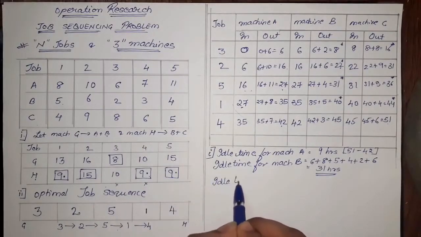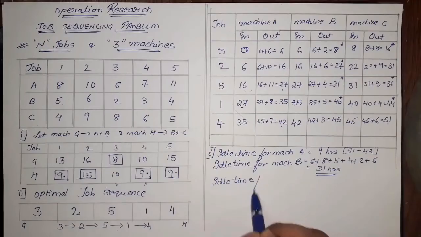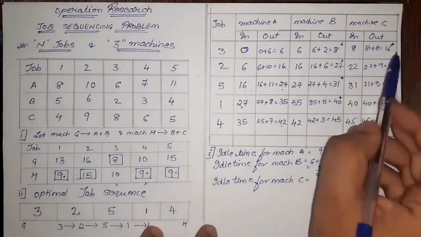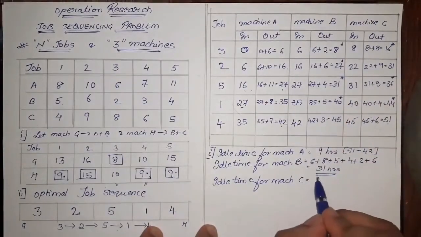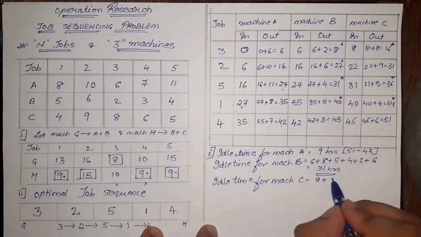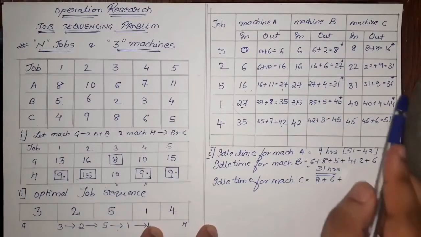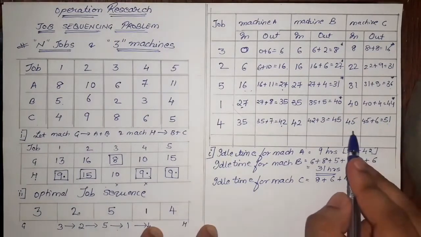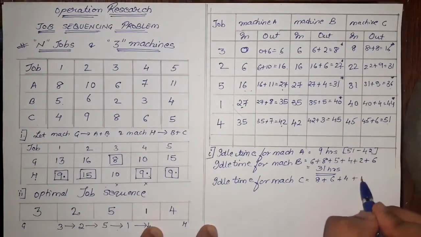Now, idle time for machine C. Machine C started only at 8 hours. The first 8 hours were idle. 16 to 22, so we have 6 hours idle. 36 to 40, that is 4 hours, and 44 to 45, that is 1 hour.